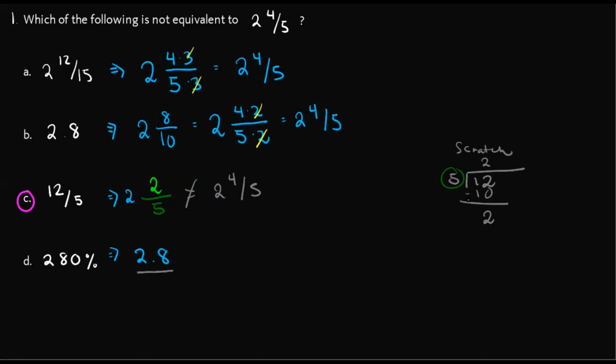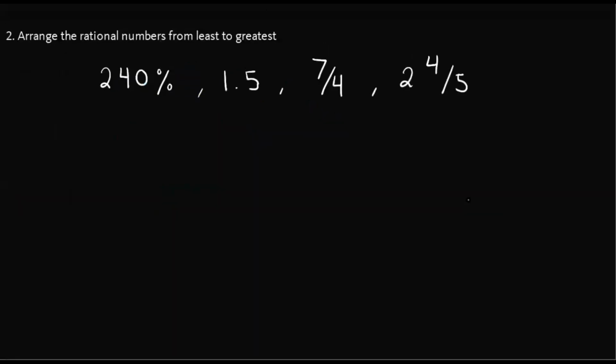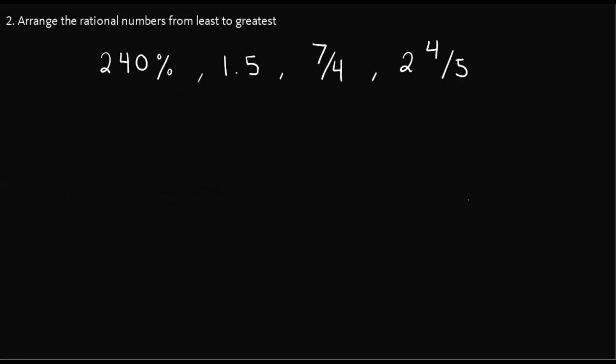This one is simply the one in letter B, which we know to be this one. So we know that 280% is also equal to 2 and 4 over 5. And so our answer is only C. So that's it for our first example. Let's move on to this next example.